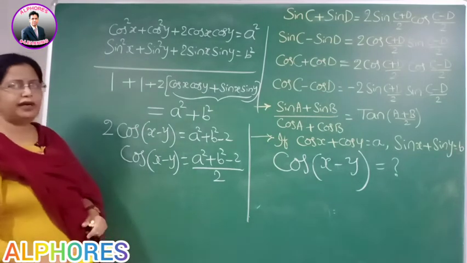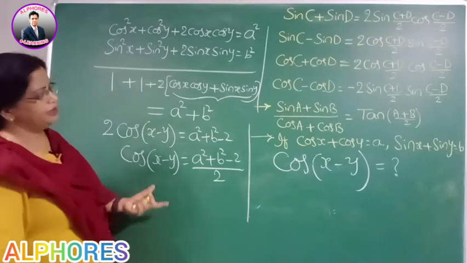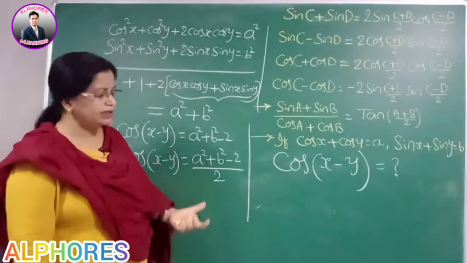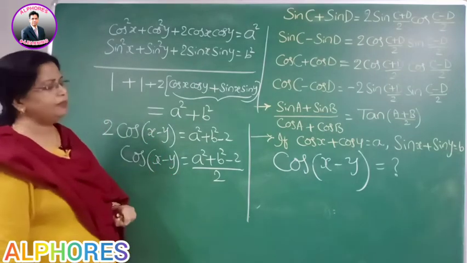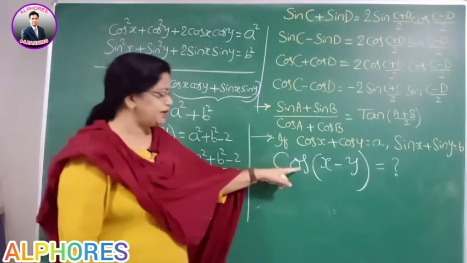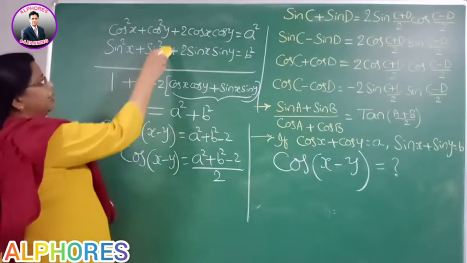Then again you may ask, what about the half angles? That means you require, suppose, sine of x minus y by 2, tan x minus y by 2, etc. Okay, to that also we have formulas from multiple and submultiple angles. So students, to obtain this value, what we have done: we did squaring and adding.